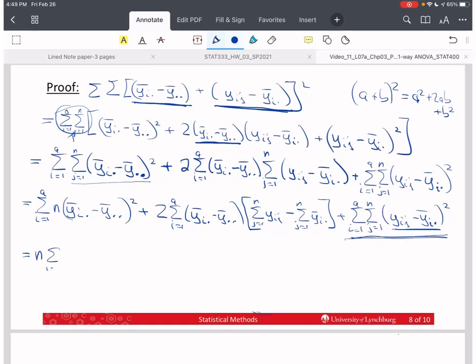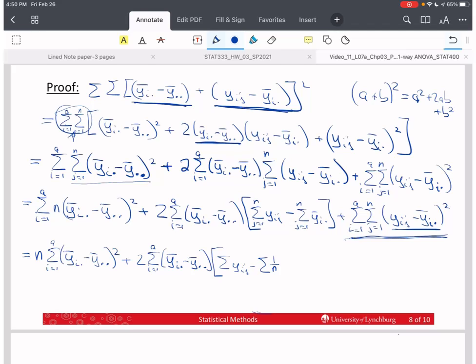Sum I equals 1 to a of yi dot bar minus y dot bar squared plus 2 sum over I equals 1 to a of yi dot bar minus y dot bar quantity, and then I've got the sum of yij minus the sum, that's plugging in the definition for yi dot bar.